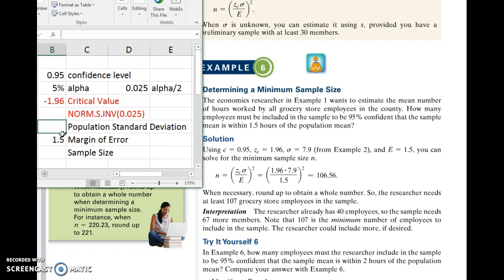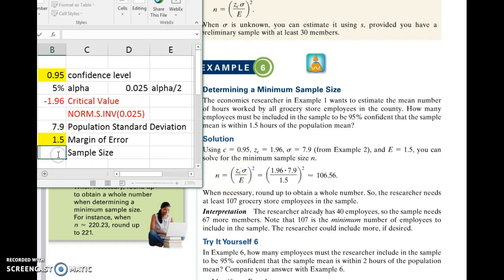Now the population standard deviation was given. It's listed in example 2, which was on page 300. But we're still building off that example. So that's the population standard deviation we use. So to wrap it all up and calculate the sample size needed in order to meet our two criteria that we chose, we plug our numbers into this formula.